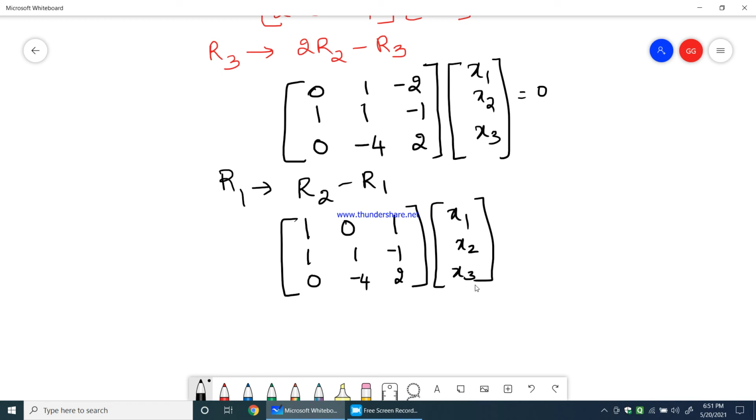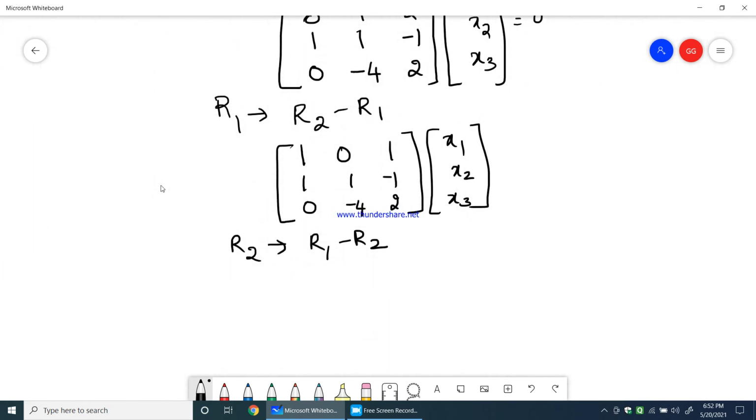Then now what I'll do is I'll try to take R2 to be equal to R1 minus R2. So I'll be getting 1 0 1, 1 minus 1 is 0.